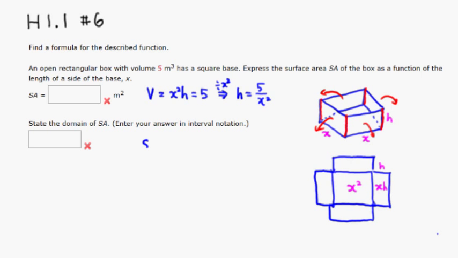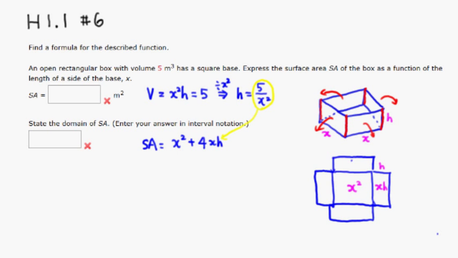Surface area is the base, x squared, plus 4 times xh, because there are 4 side walls. But the good thing is that h has an expression: h is the same thing as 5 over x squared. We can just plug that in here.